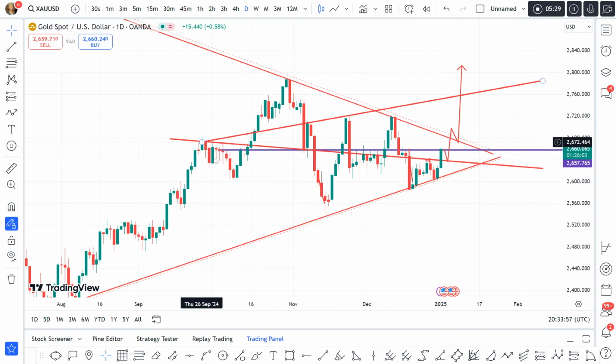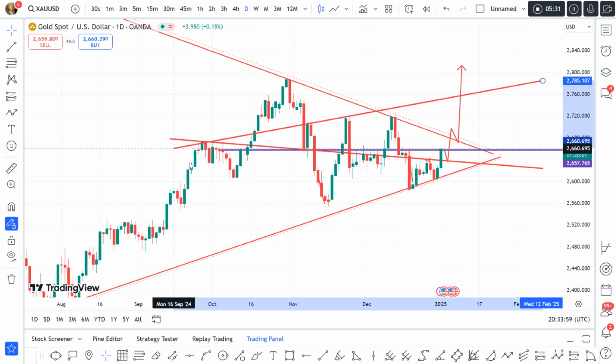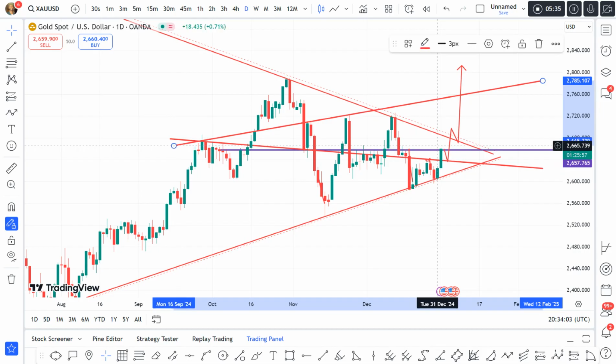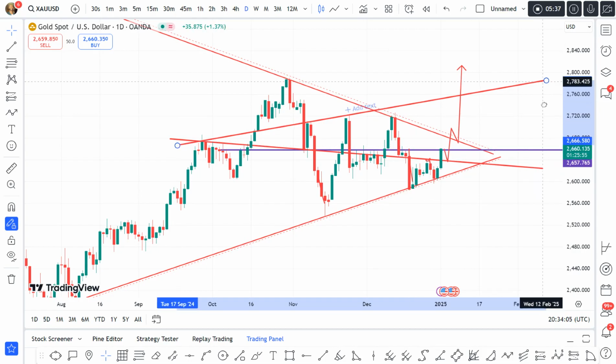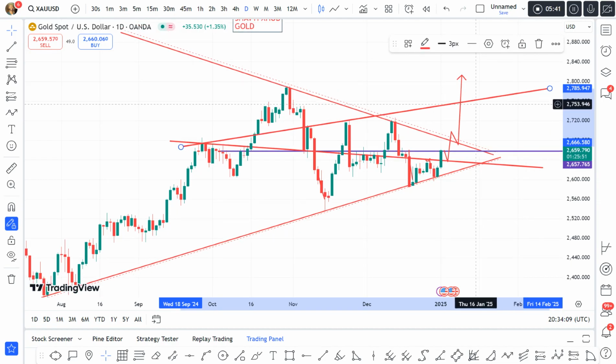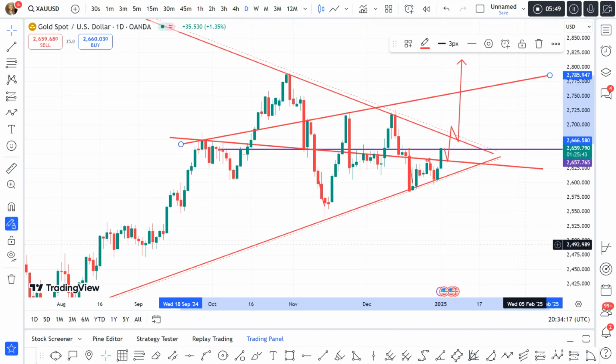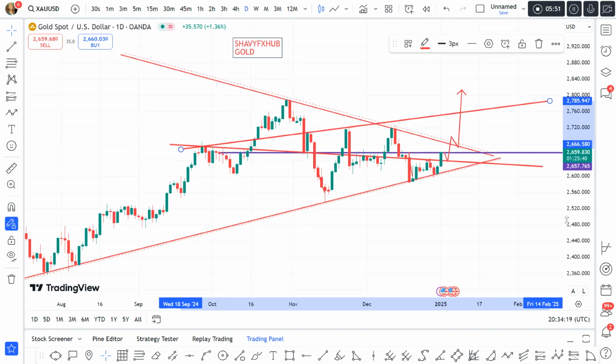So this is what we should expect. If price returns there, we should be heading close to 2,758.